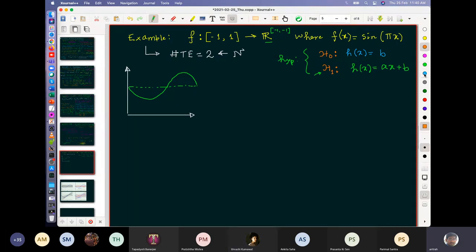So with H0, the blue hypothesis, as you can see, the best fit could be this, right? If I could get at this hypothesis, this is the best which we can do, isn't it? What else could you do with a line which is parallel to my x-axis? You cannot do anything.